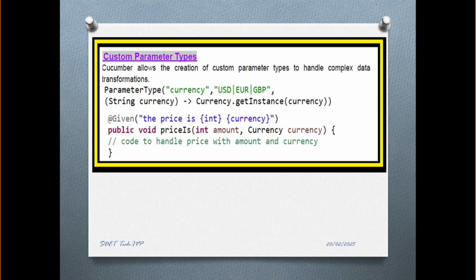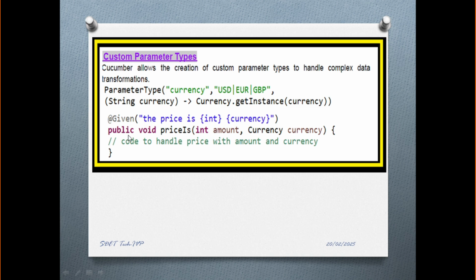Can we create custom parameters? Yes, Cucumber allows us to create custom parameters. Cucumber allows creation of custom parameter types to handle complex data transformation, like a parameter type currency. If you have currencies of multiple countries, in that case you use currency, and then USD, Euro, INR, or whichever you want, and then provide in the condition the price as int and the currency.